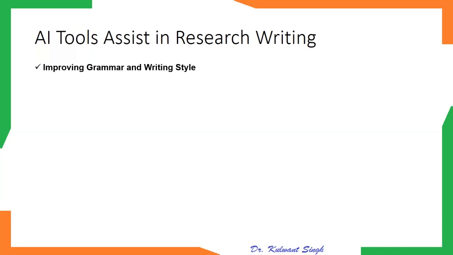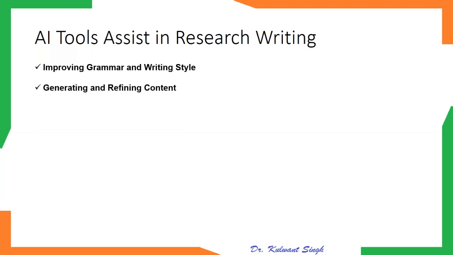But in our writing practice, researchers are not from a language profession, so there may be errors in their writing style or grammar. So we are generally looking for a person or a tool to assist in improving our grammatical errors or writing style.